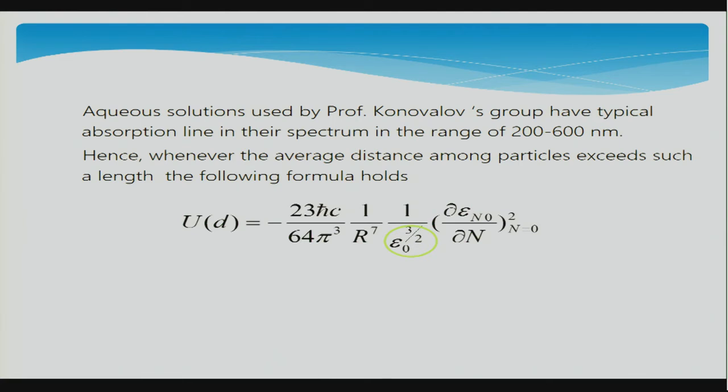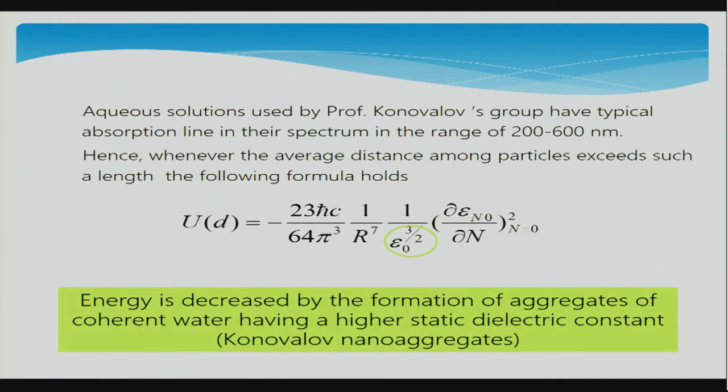This allows us to explain the formation of nanoaggregates. Aqueous solutions used by Professor Konovalov have a typical absorption line in the spectrum in the range of 200 to 300 nanometers. Hence, whenever the distance among particles exceeds such a length, we can use this formula here, and we can see that energy is decreased by the formation of aggregates of coherent water having a higher static dielectric constant.